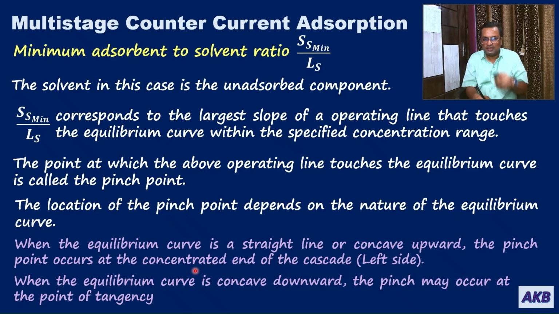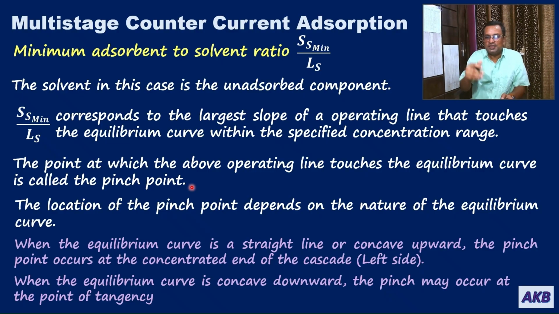I hope you have understood what the minimum adsorbent to solvent ratio is. It is the largest slope of an operating line that touches the equilibrium curve within the specified concentration range. The meaning is that there may be multiple operating lines touching the equilibrium curve.